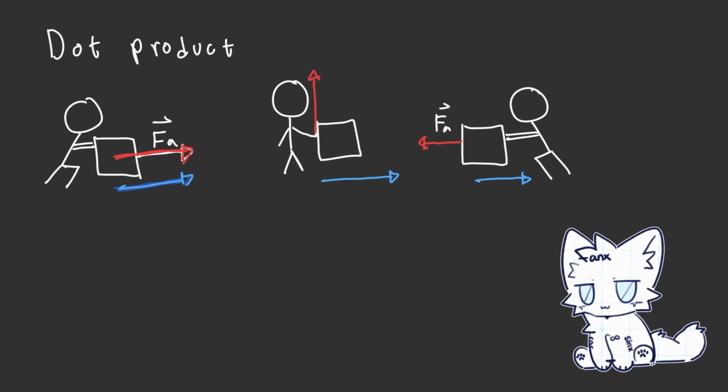So, let me draw another example. Let's say you are pushing at an angle. You want to move it this direction. I should probably label these vectors.